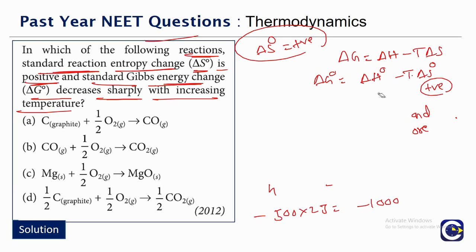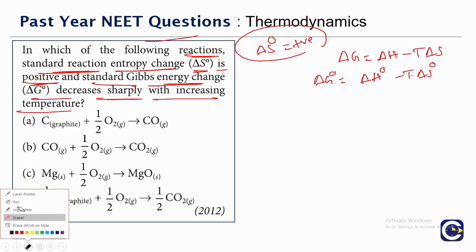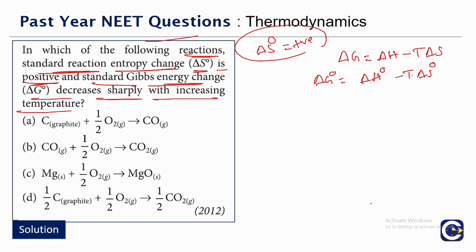What do we need? We are looking for the equation where the delta S value is positive. Delta S will be positive when the product side has more gas moles than the reactant side. Okay, how to say it? Delta S can be quantified by using the del Ng value.